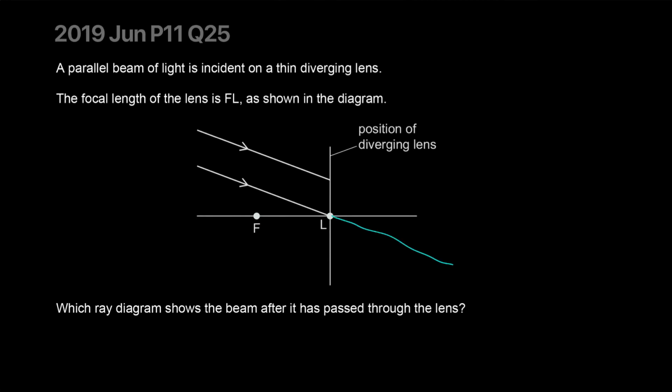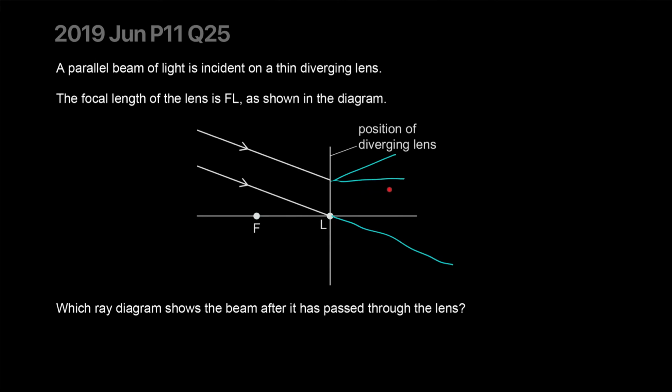Now this light is coming in at an odd angle, and it should deviate away from the central parallel axis. It should deviate kind of like that, so either of two, depending on how extreme you want to deviate it.